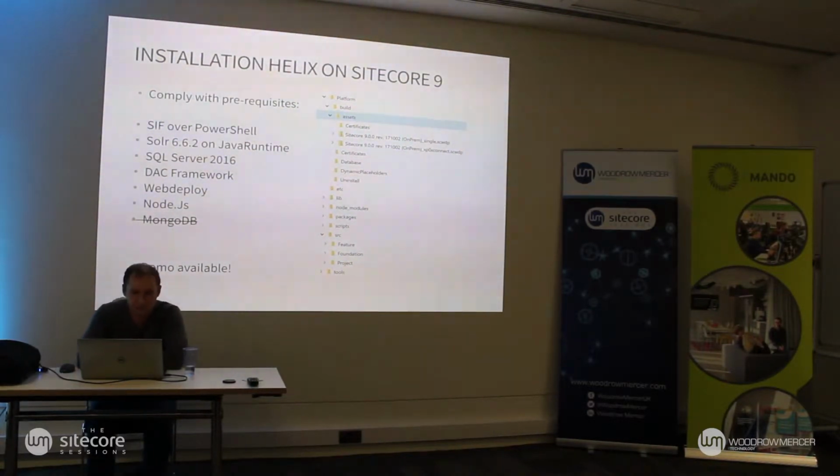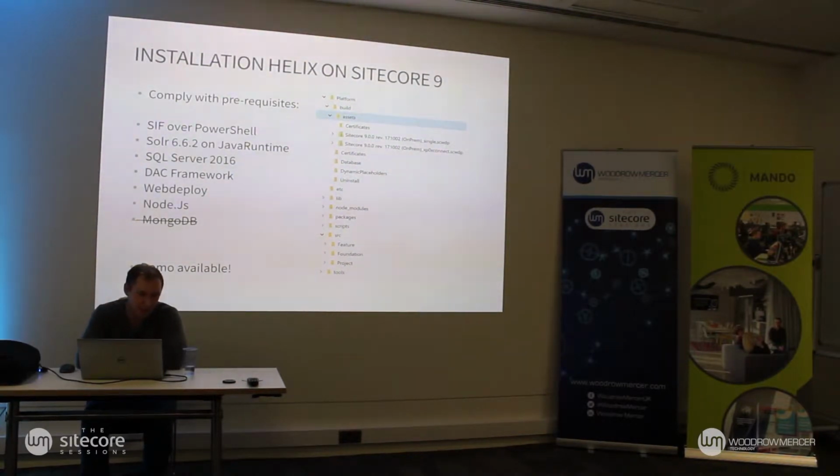Anyway, you still need the same prerequisites to install Sitecore 9 with Helix. We are using Sitecore Installation Framework with PowerShell, so you need to install the module and import that, of course. You will need to have Solr of that particular version, which is 6.6.2. It works in Java runtime, so that's another dependency you will need.